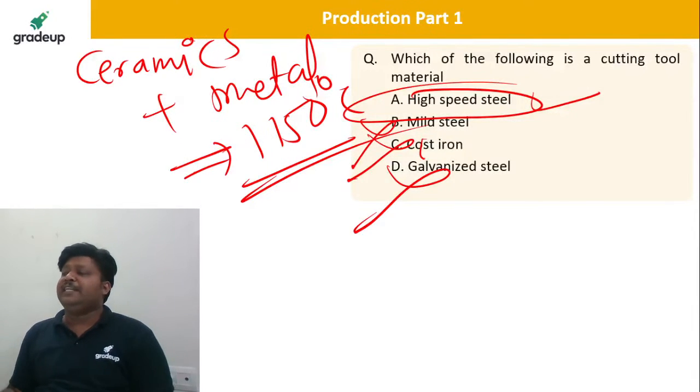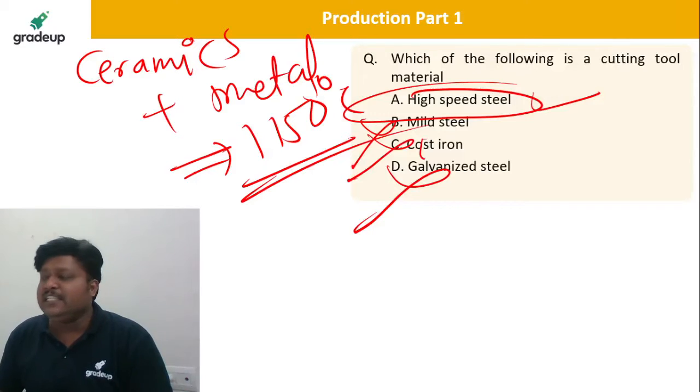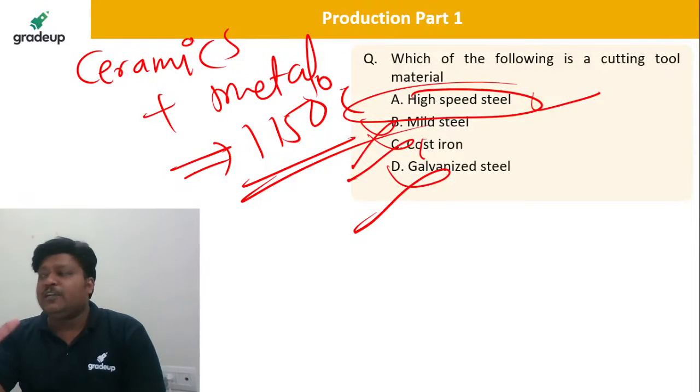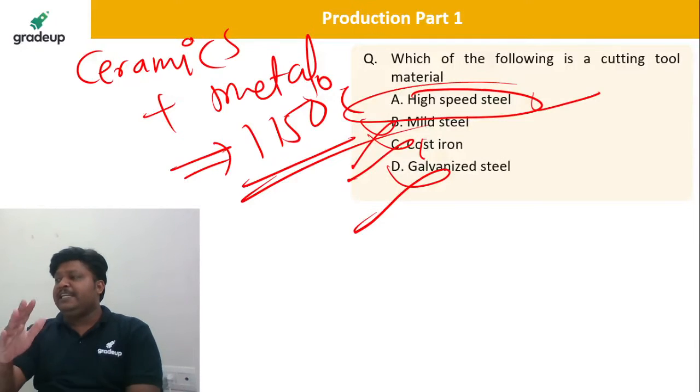I hope it is okay. And high carbon steel it is 250 degrees centigrade. Hot hardness temperatures, all the temperatures I told you. Is it okay? Shall I go for the next?